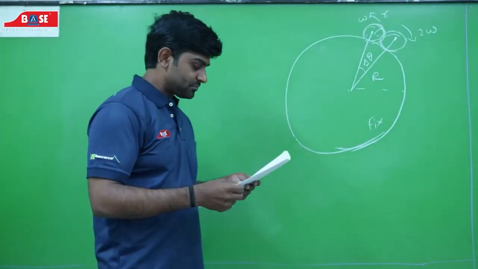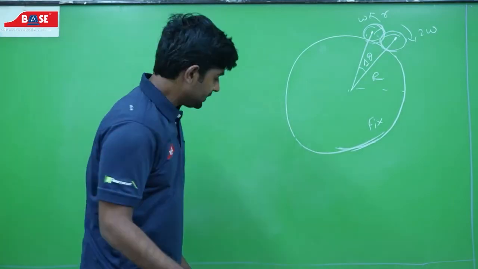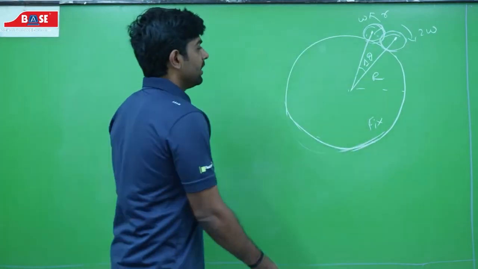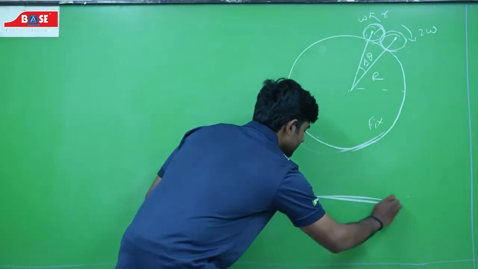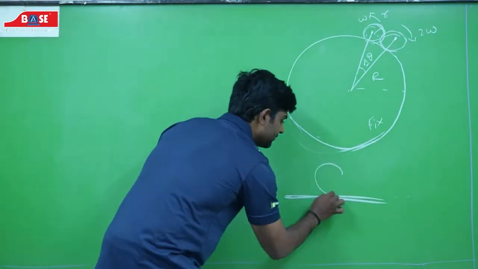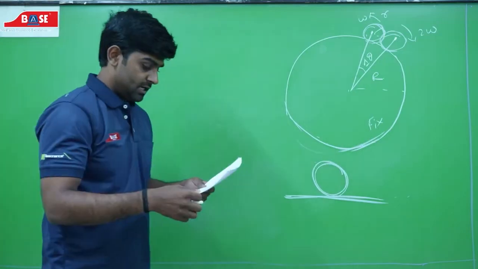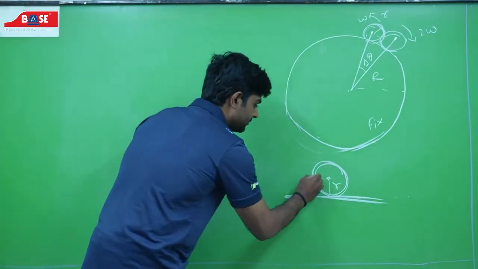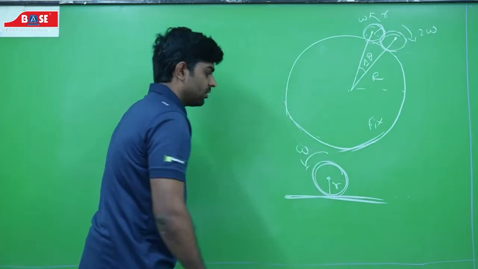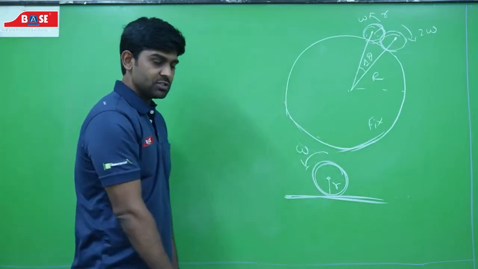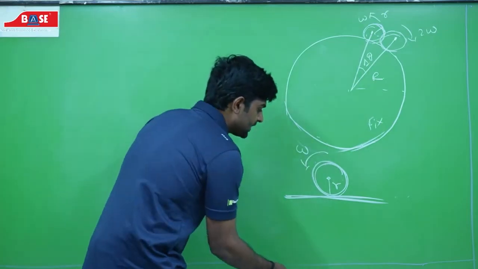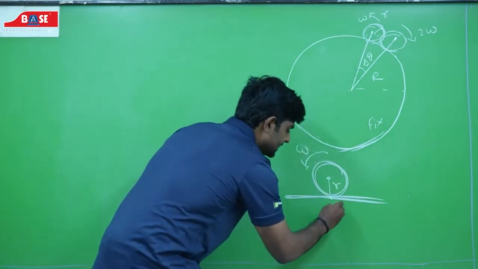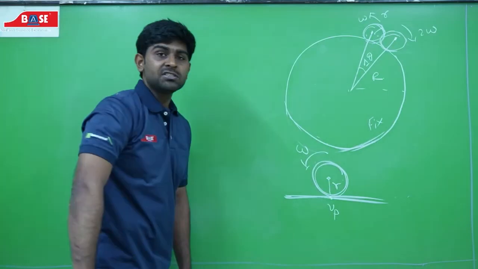So everybody, see, we know this is a disk, let's say. If this smaller disk has radius r, and it starts rotating with omega with respect to the surface we are observing, then the bottom point, which is in contact with this particular bigger disk, that point velocity should be at rest.